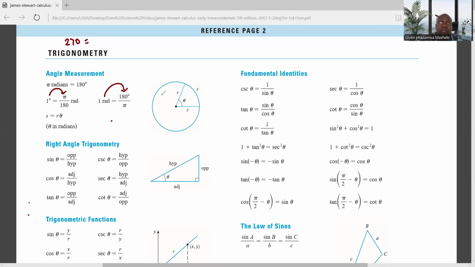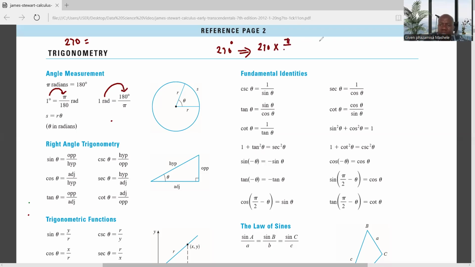For example, let's say I have 270 degrees and I want to convert these 270 degrees to radians. I just take this 270 and multiply it by pi over 180.